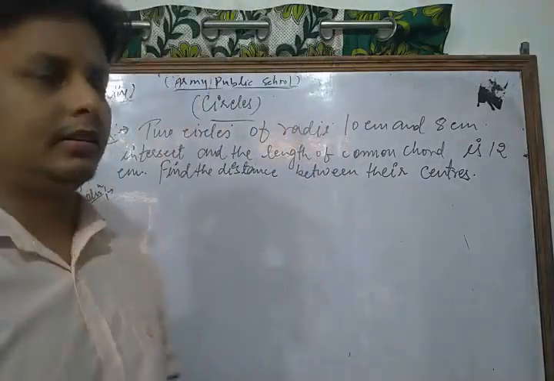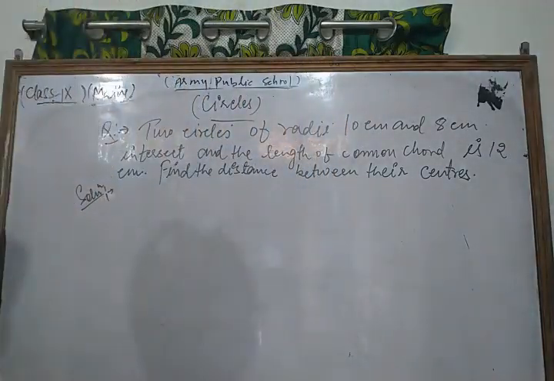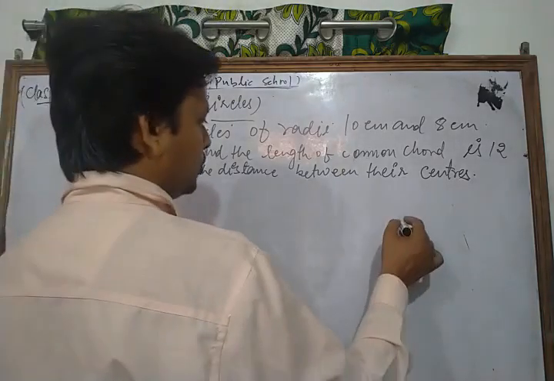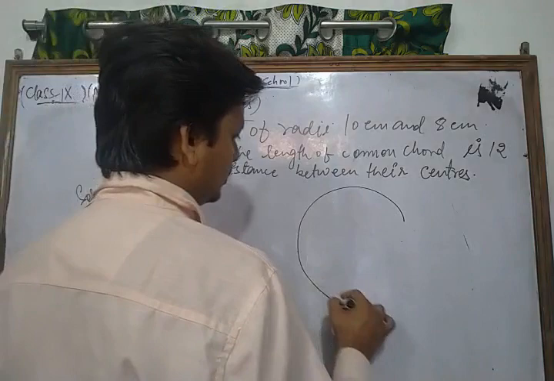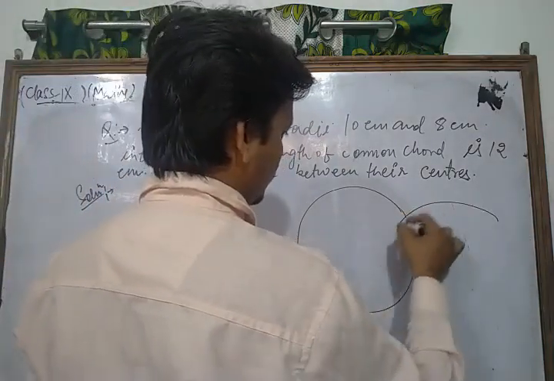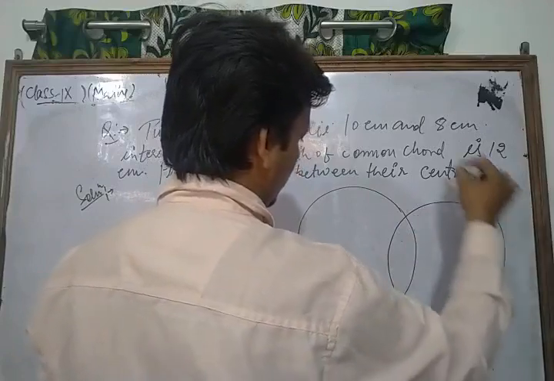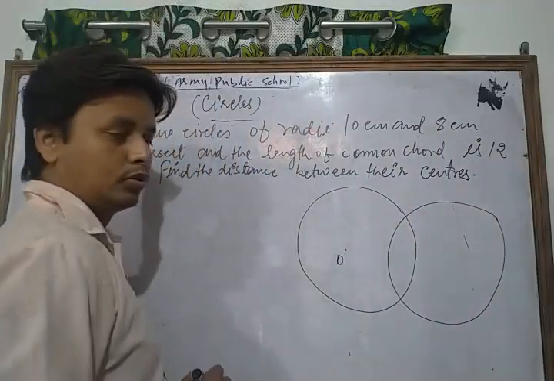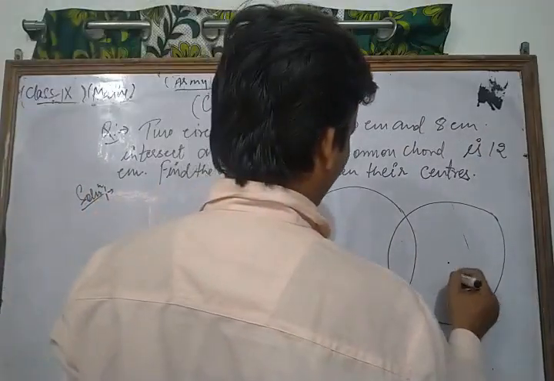So first of all, two circles of radii 10 and 8 intersect. We draw two circles of radii 10 and 8. Let's say the center of the first circle is O and the center of the second is O dash.